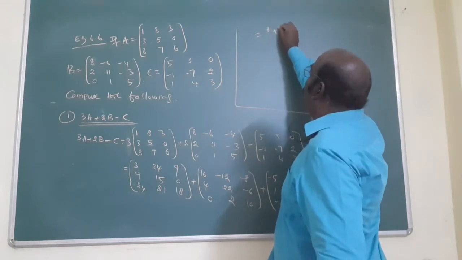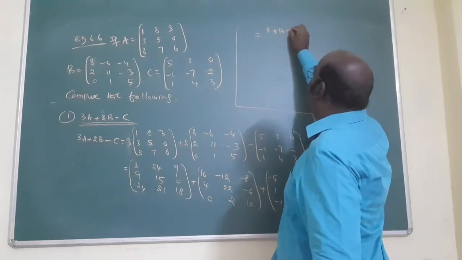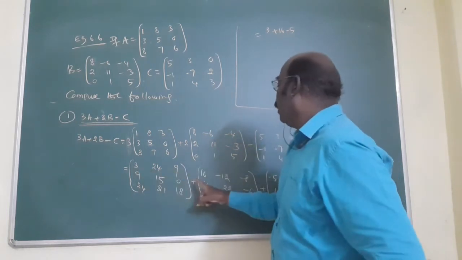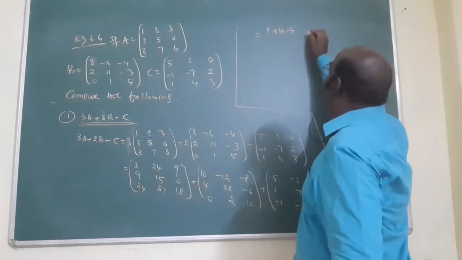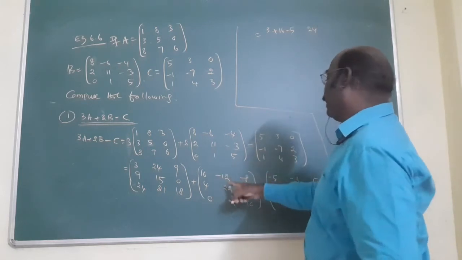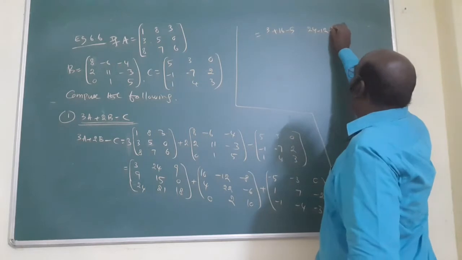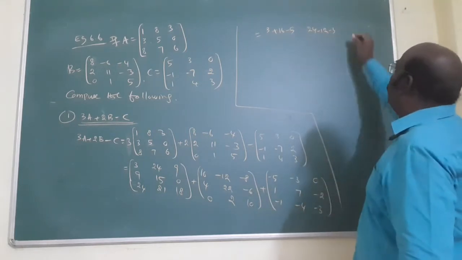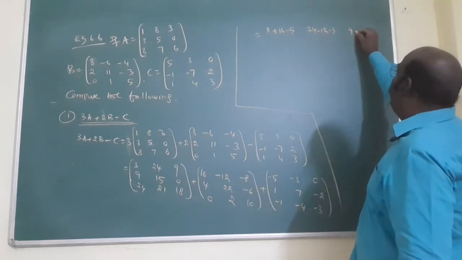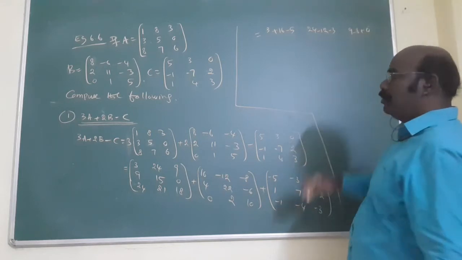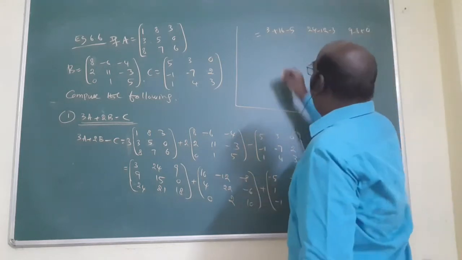The first one is 3 plus 16 plus minus 5. Next element, 24, minus 12, minus 3. Third element, 9, minus 8, plus 0. Next, 9 plus 4 plus 1.